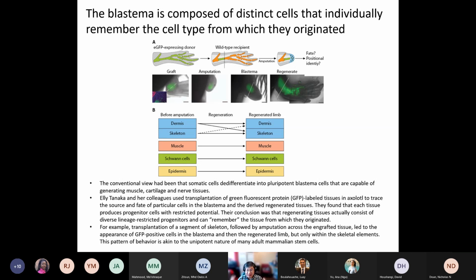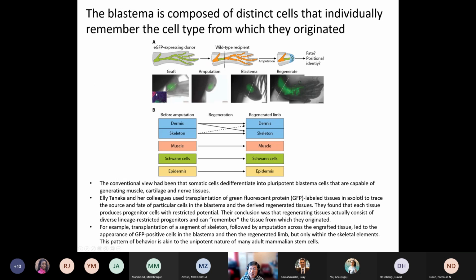So the blastema will have something to do with that newly transplanted bone there. So now let's observe what will happen. So first thing they know, when you do the transplantation, when you put that green bone to the recipient, it's not only bone. Although you did just bone, you try to do a clean experiment, but it has carryover.